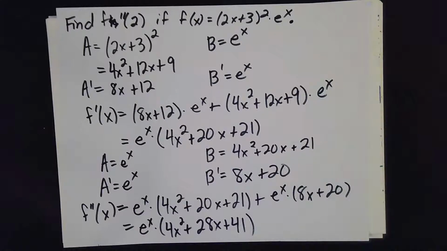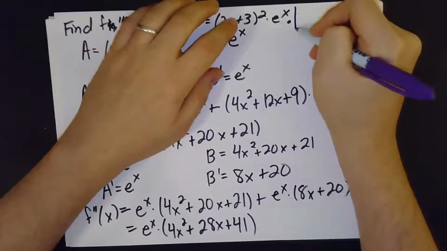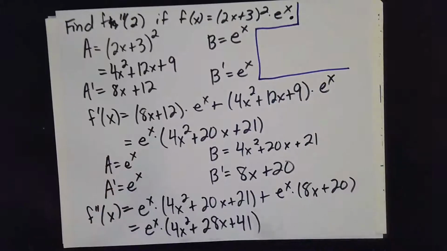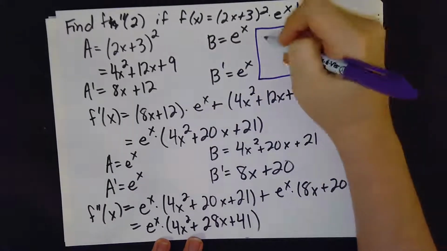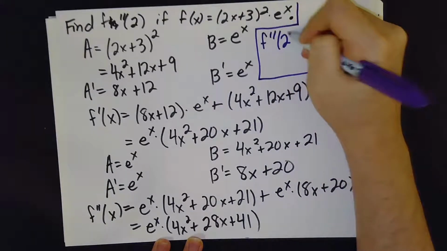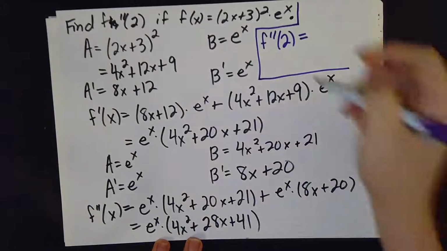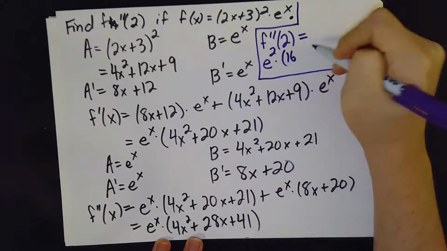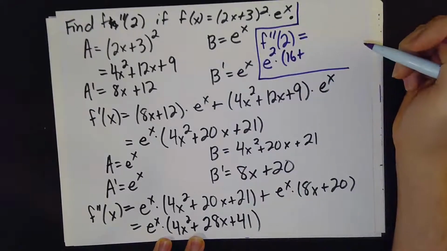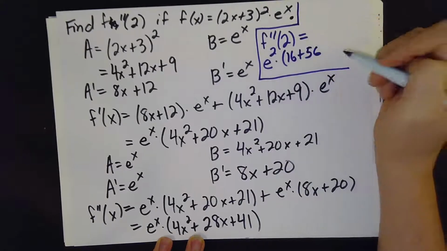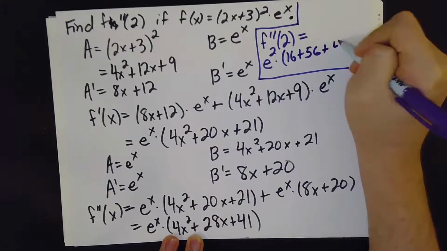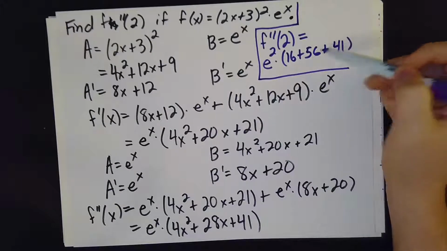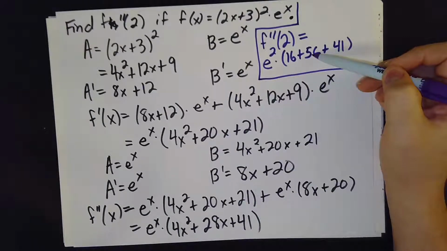Then when we plug in 2, we find that f double prime of 2 is e squared times 16 plus 56 plus 41, which will work out to be 113.